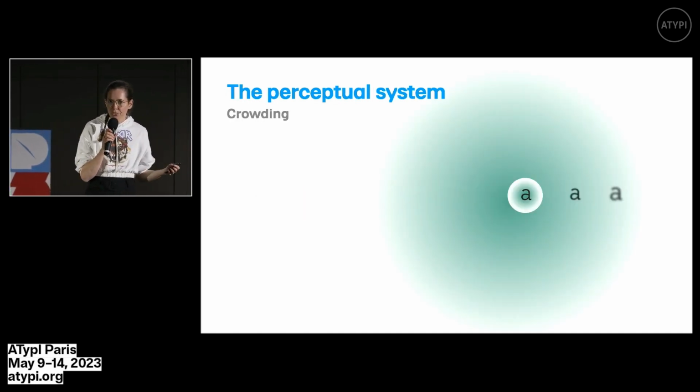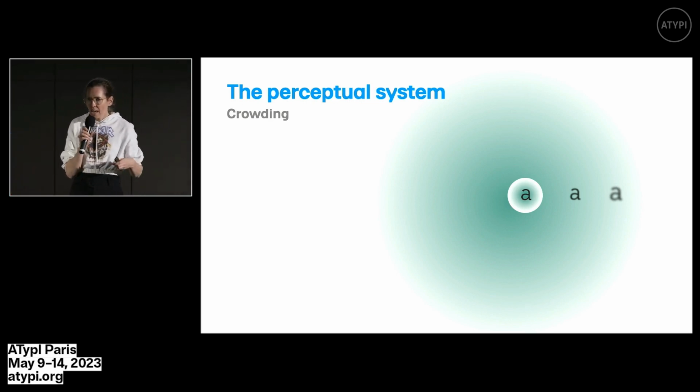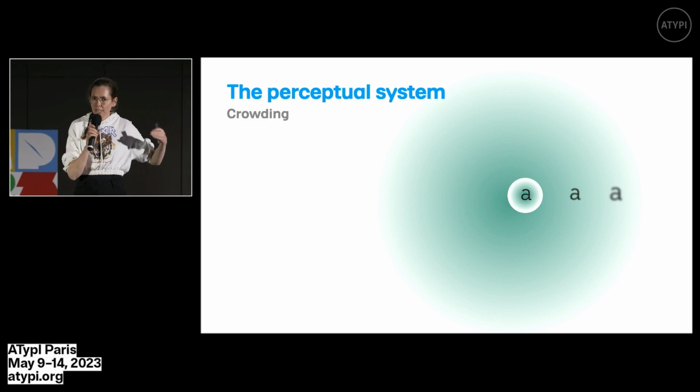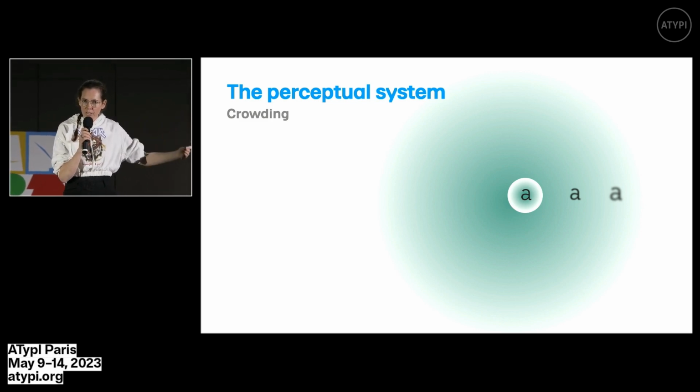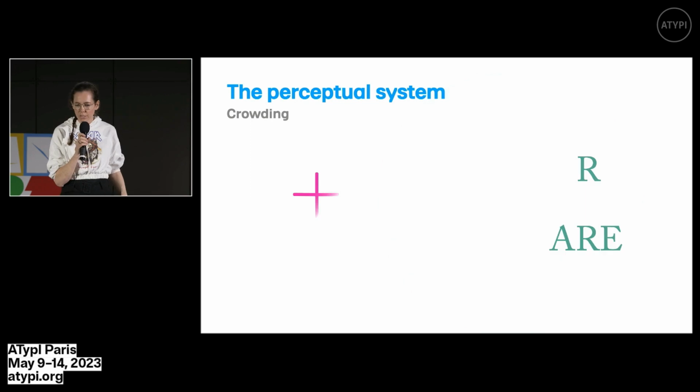What happens in the periphery is that we are highly affected by a phenomenon known as crowding. Crowding is where the further into the periphery, the more difficult it becomes to identify an object. Objects in the periphery tend to merge together and become difficult to see. This is a way to show that.